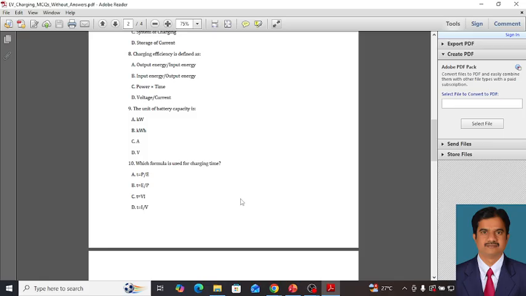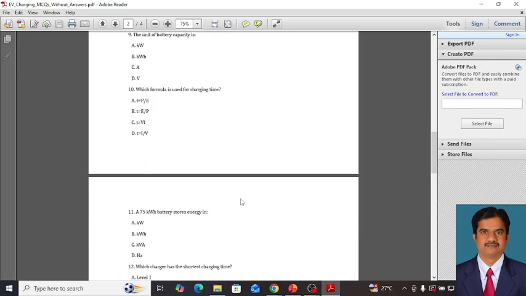Which formula is used for charging time? T is equal to P by E, T is equal to E by P, T is equal to V into I, T is equal to I by V.